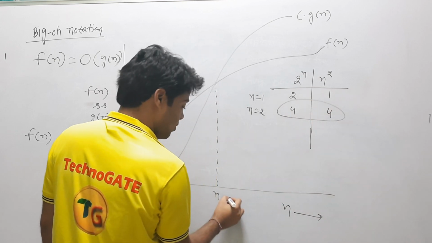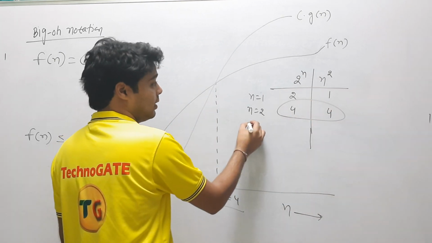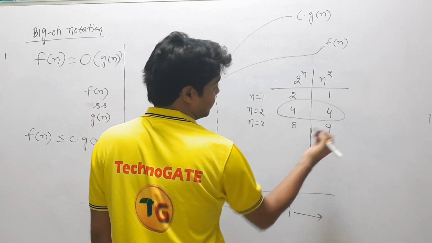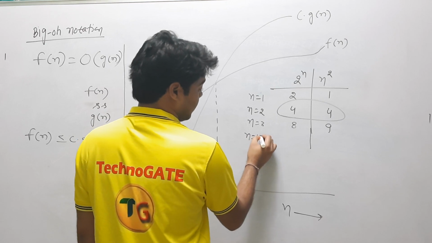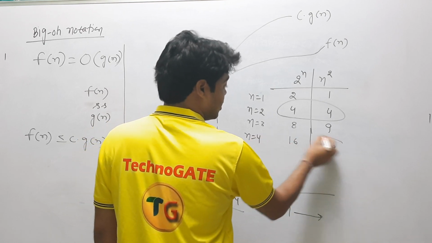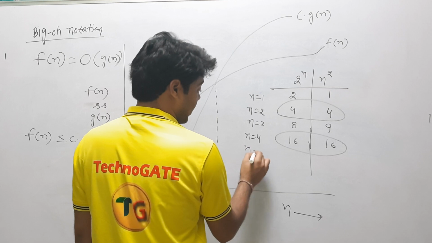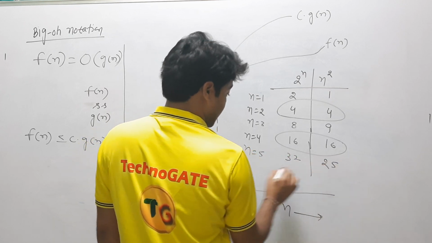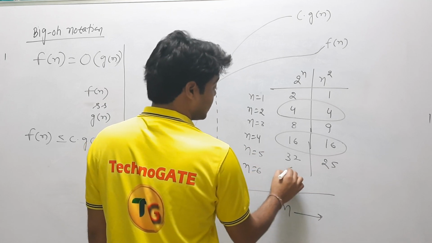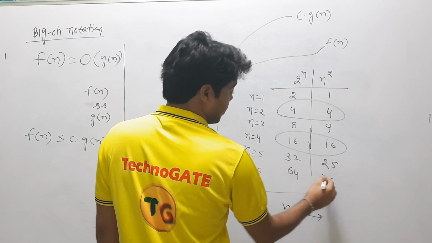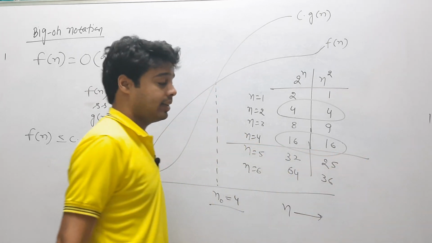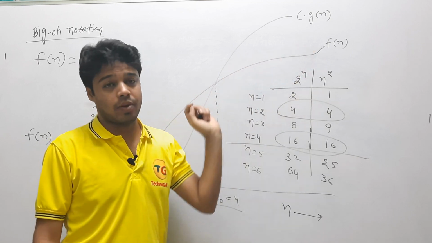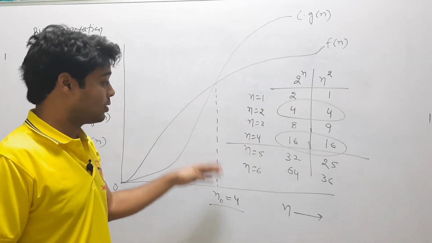For n is 3, this is 8 and this is 9. For n is 4, it is 16 and 16, again a meeting point. But after this point, n is 5: this is 32 and this is 25. For n is 6: 64 and 36. After this point, there is no chance the exponential 2 to the power n and the n square function will ever meet.